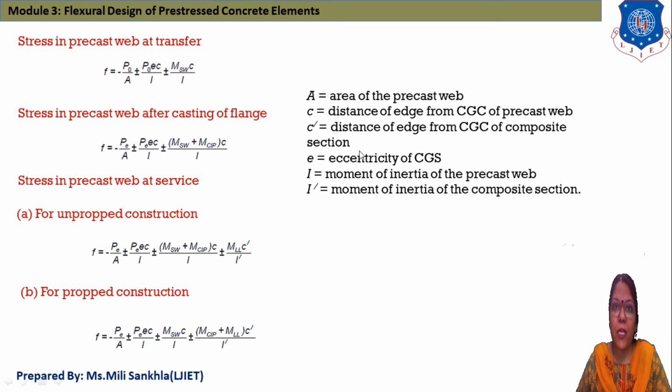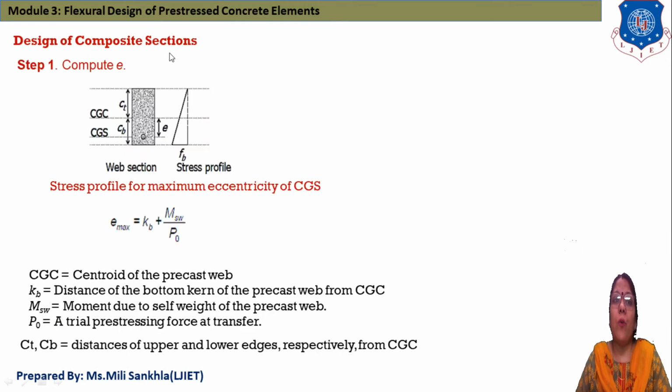This one is for the precast web, the first condition at transfer, and C dash is after service load. Now e is equal to the eccentricity of CGS, the centroid of steel. I is equal to the moment of inertia of the precast web, and I dash is equal to the moment of inertia of the composite section.